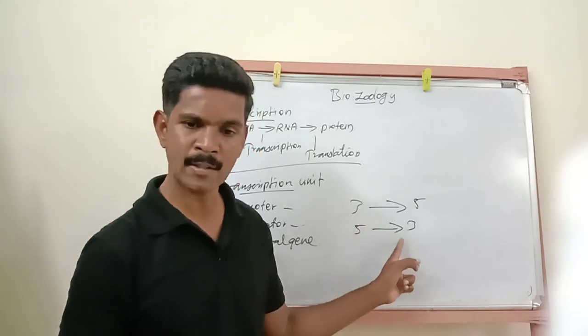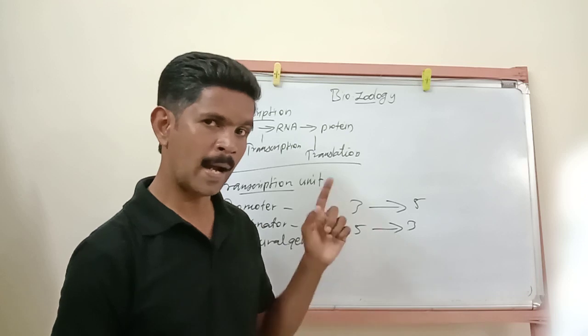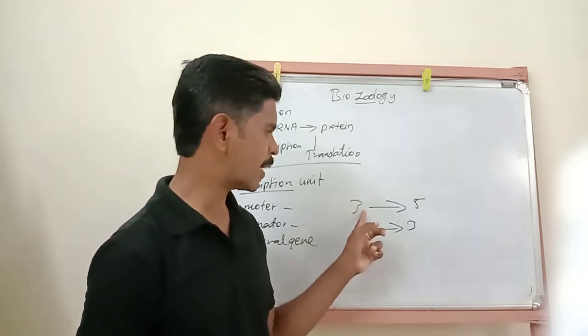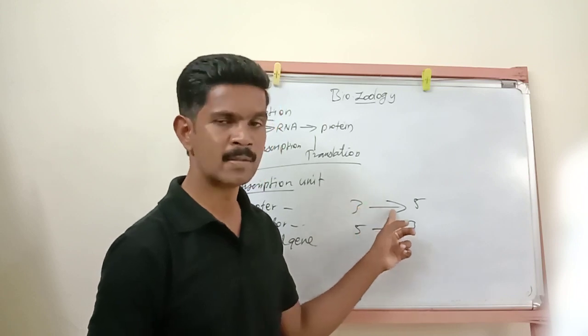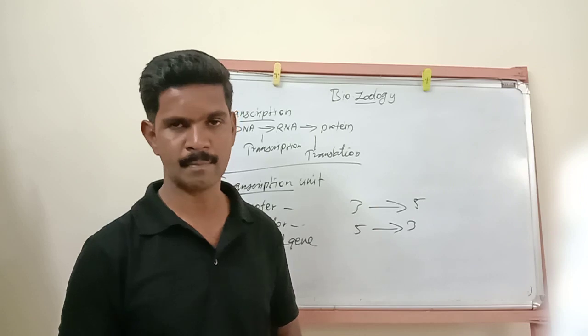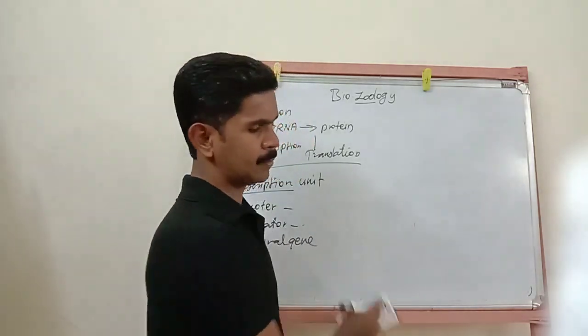So listen very carefully: this strand is displaced during transcription, and this strand is called the coding strand. The DNA-dependent RNA polymerase catalyzes the transcription reaction along the 3' to 5' template strand. I hope you understood this part.